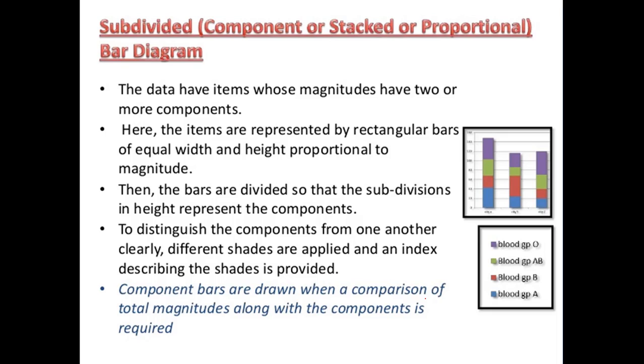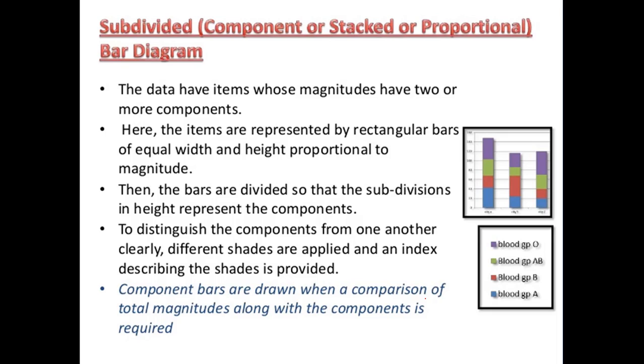Now talking about subdivided components, or stacked or proportional bar diagrams. Subdivided bar diagram: the data have items whose magnitude has 2 or more components. Here the items are represented by rectangular bars of equal width and height proportional to magnitude.